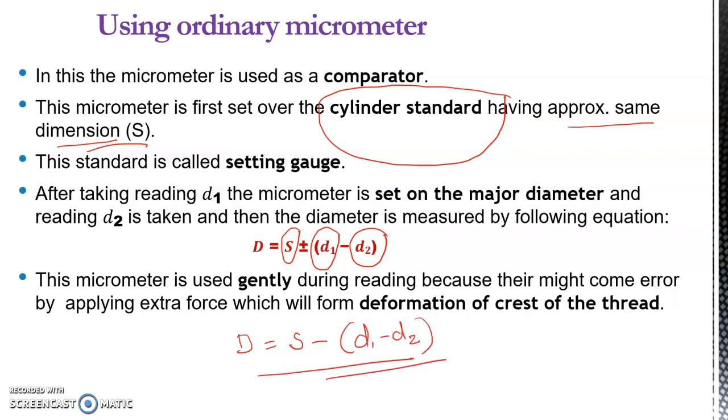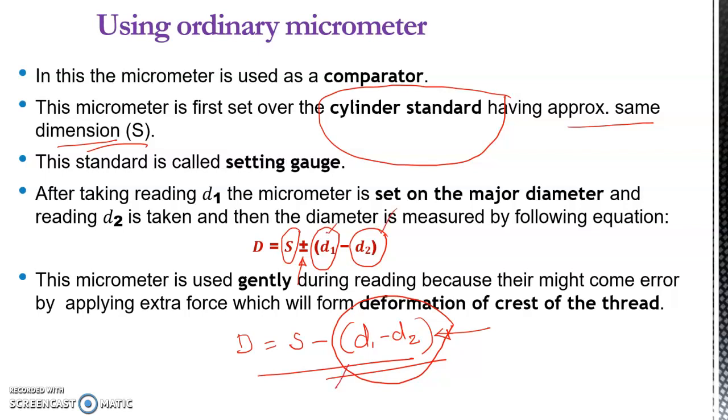That will give the accurate dimension of the major diameter of the thread. And this D1 minus D2 part is used for eliminating the errors in measurement of the micrometer. If any error is there in measurement of the micrometer, that will be eliminated by using this term. And this plus or minus symbol is used depending on what dimension represents D1 and D2.